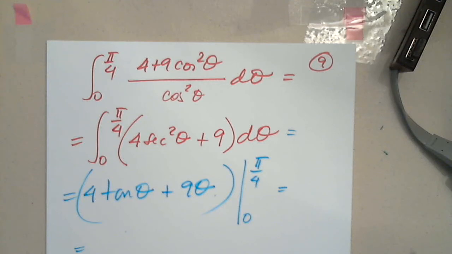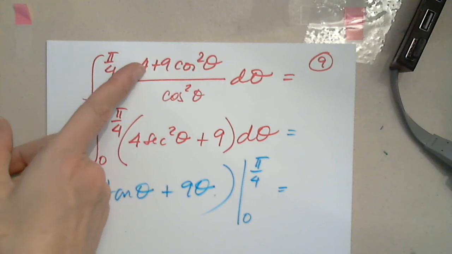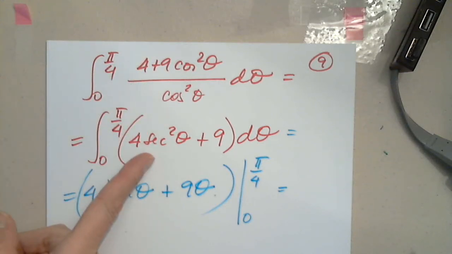Where did you get the secant squared? 1 over cosine squared. 1 over cosine squared is secant squared. I don't know how to integrate 1 over cosine squared, but changing it into secant squared will solve the problem. Is that okay so far?